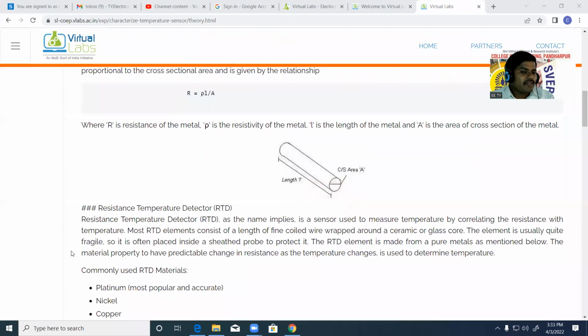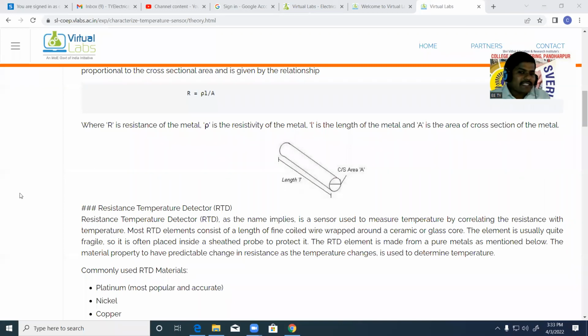So here the equation is given, R equals rho L divided by A. We are understanding the RTD. Here R is the resistance of the metal, rho is the resistivity of that metal, L is the length of that metal or conductor, and A is the cross sectional area of that metal.